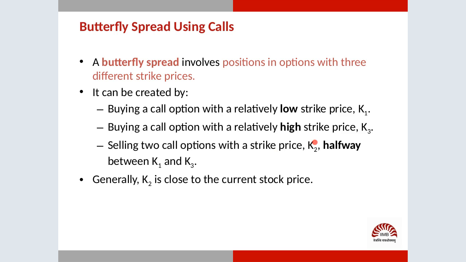Now, when you buy a call option with a low strike price, your premium is high. When it's a high strike price, your premium is low, and the middle one is somewhere in between. Now, what is the net premium?